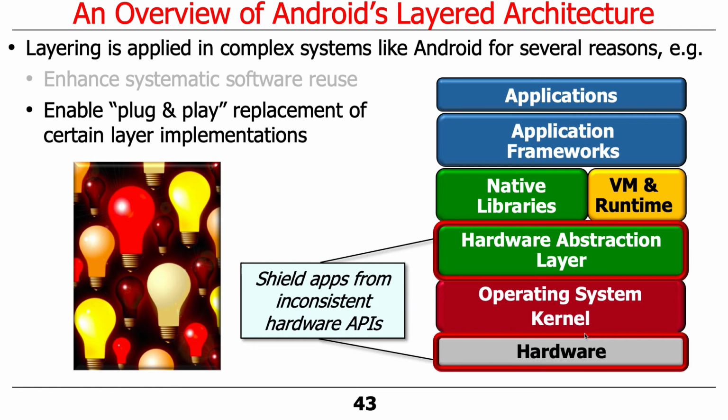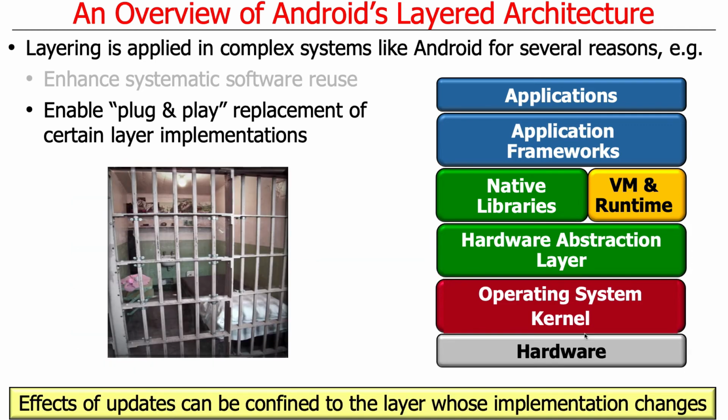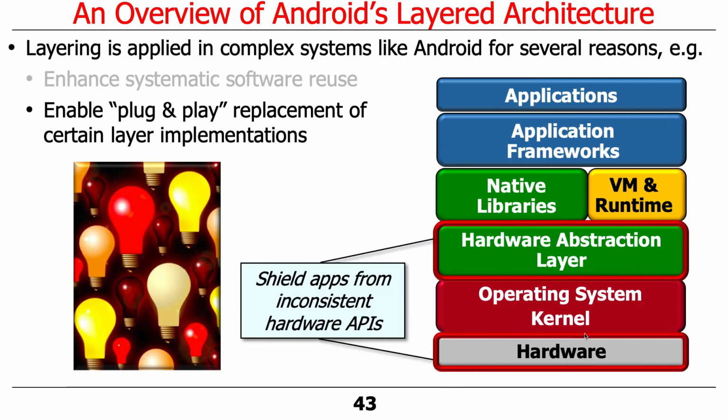So, at least in theory, the use of things like the hardware abstraction layer allows hardware to be plugged and played by the OEMs, by the phone manufacturers, in ways where they can provide a relatively stable API to developers on their platform, people who are writing variants of Android for a particular hardware suite with particular processors and GPUs and DSPs and sensors and transceivers and all the good stuff we talked about before.